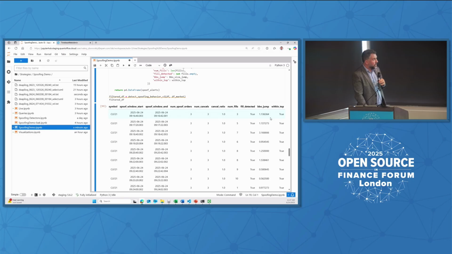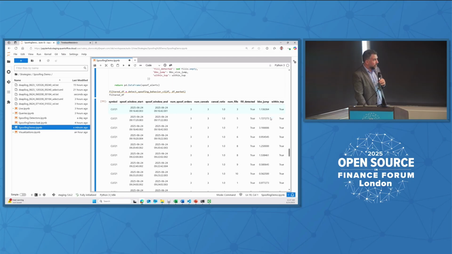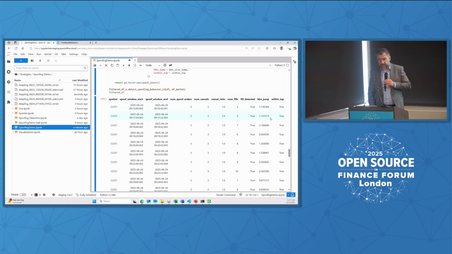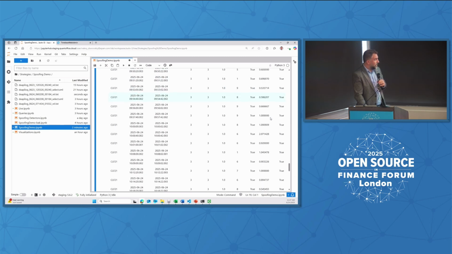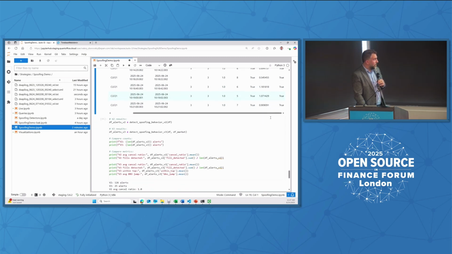So here we see, and we want to filter only those cases where the market impact actually happened. So we multiplex trading history together with the market depth information. And as a result, we have fewer spoofing cases.